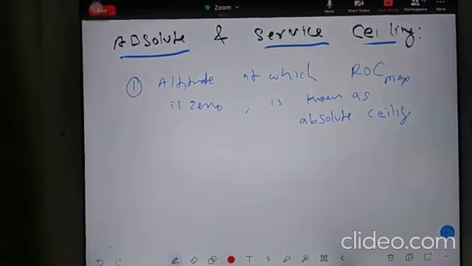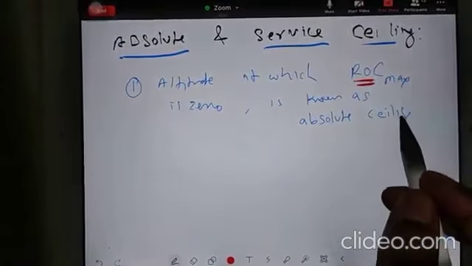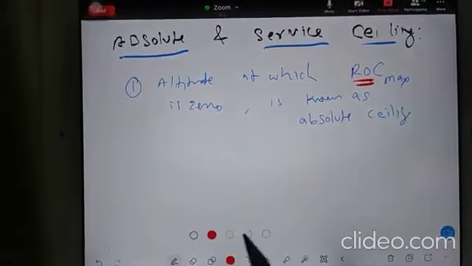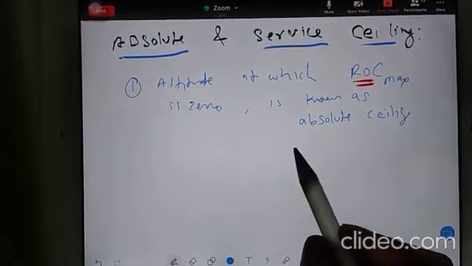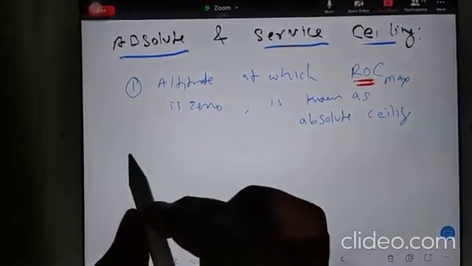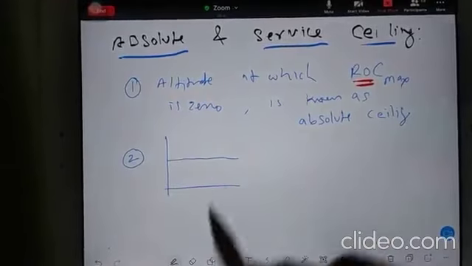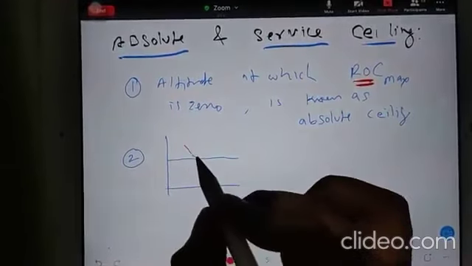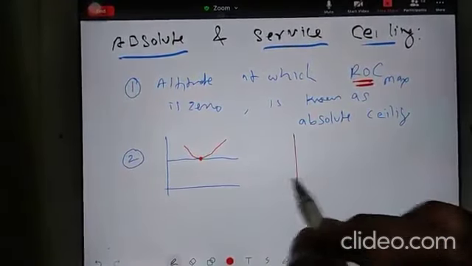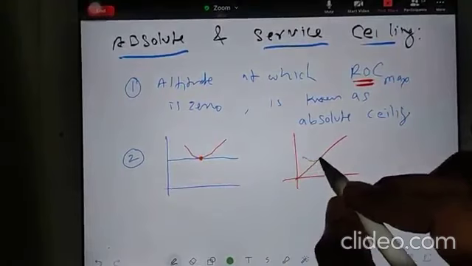It means what? Your ROC is 0. ROC 0 means that gap is not available, that was available between power available and power required, right? That is not available. So you can see here, if you're talking about propeller engine, then your required will be like this, and if you're talking about jet engine, then your required will be like this.